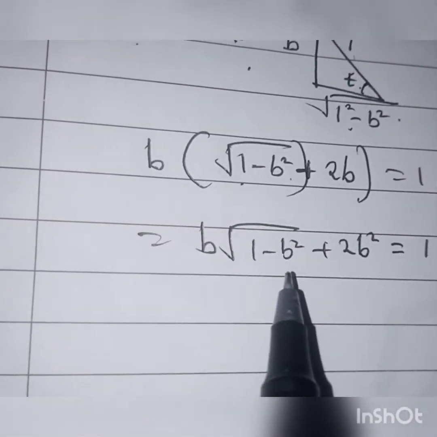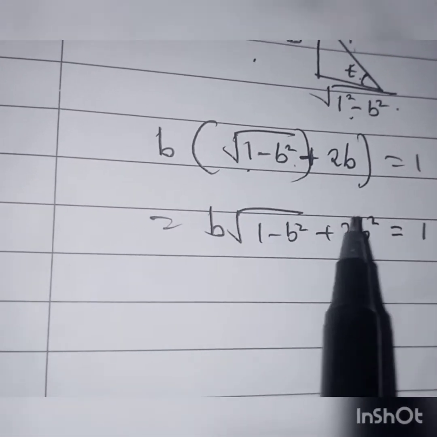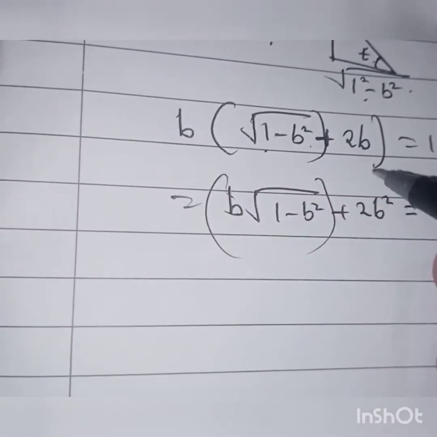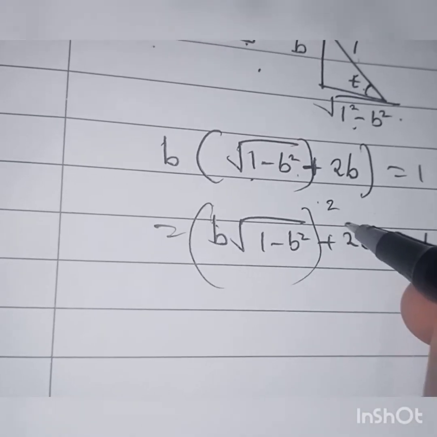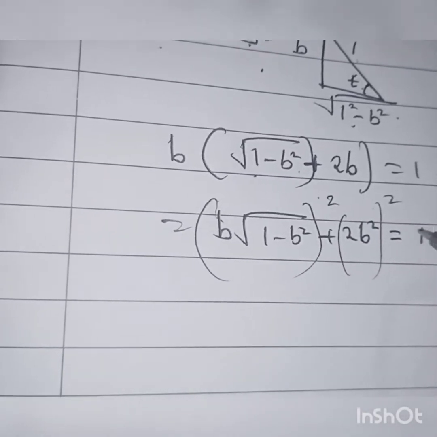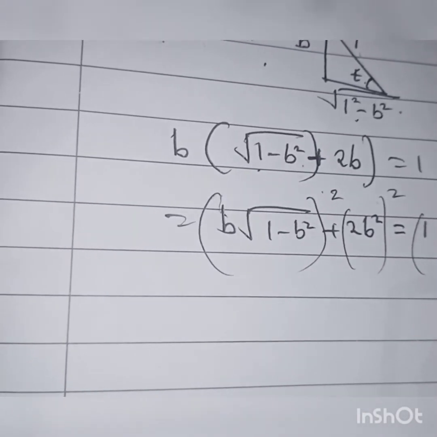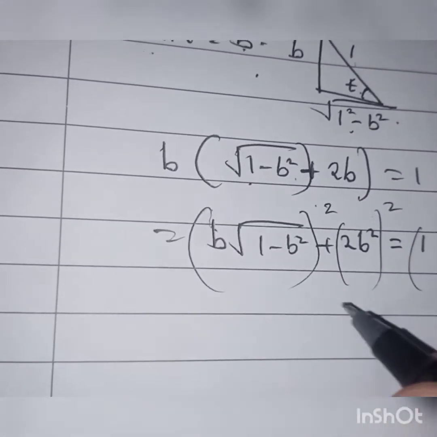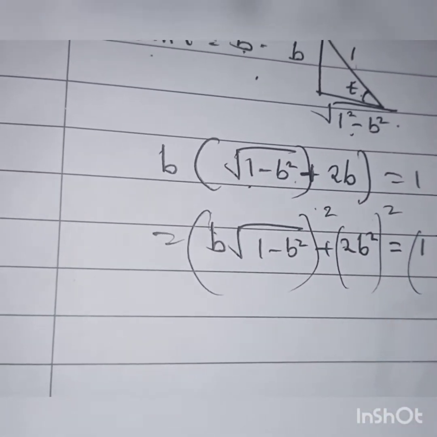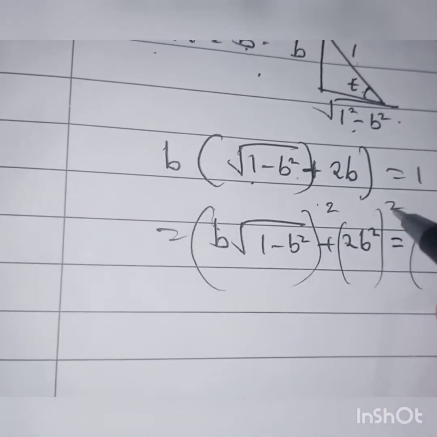To eliminate the root, we have to square both sides. So we square each and every element. Or before squaring, we can just take this to the other side first.